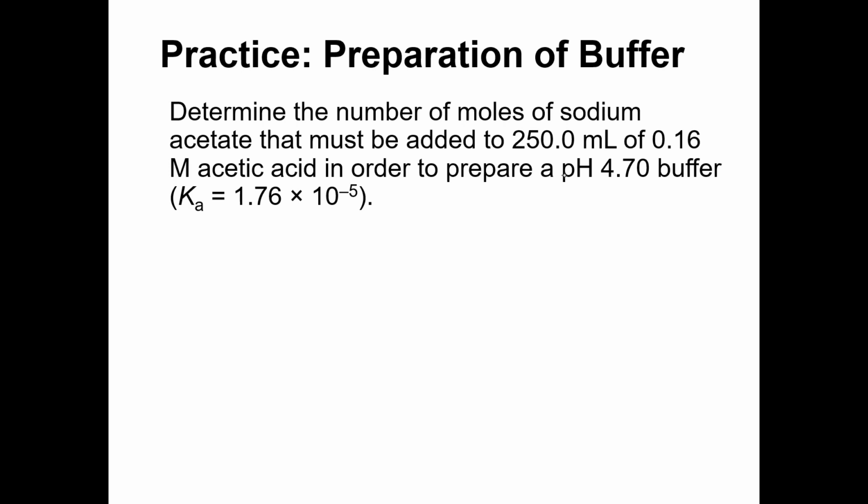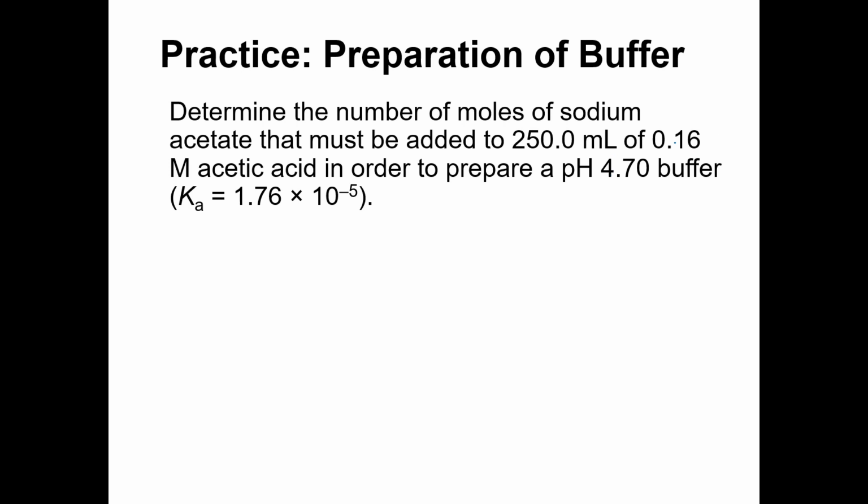And this is something that we would need to calculate in lab sometimes. We might have a situation where we know what pH we want, and we need to figure out how much of the acid or the base to add, or we might want to know the ratio so that we can figure out how much acid we should add in relation to the amount of base.